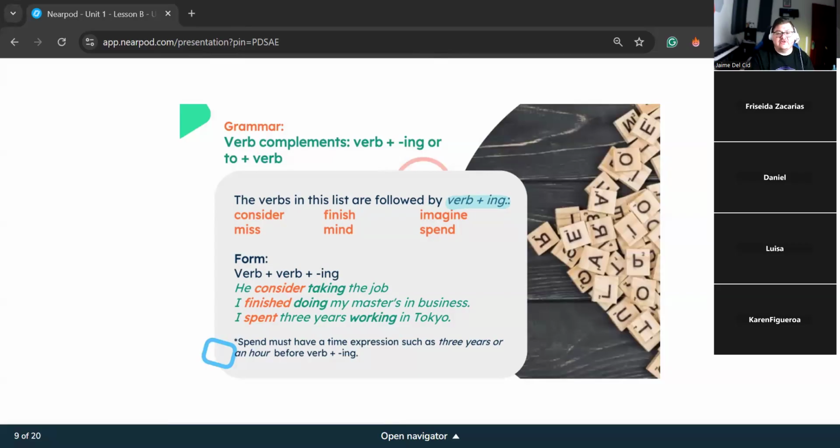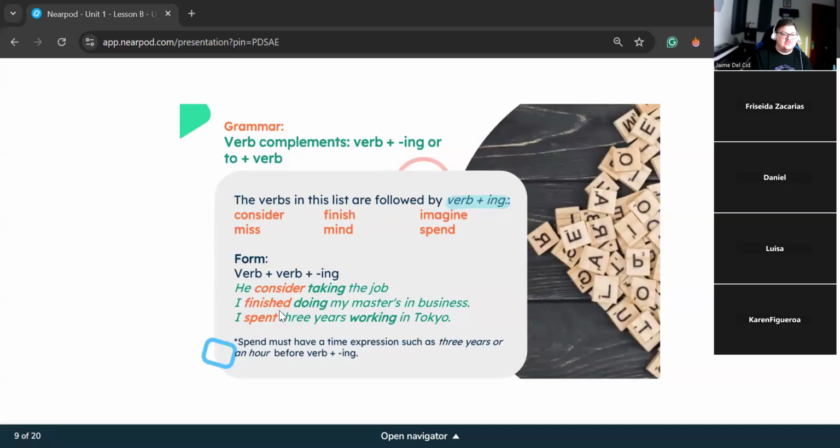So verbs consider, finish, miss, mind, imagine, spend. These are verbs that are going to my list as the verbs that are followed by ing. No se me confundan. Yo no estoy diciendo que estos verbos son los que tienen que llevar ing, sino estoy diciendo que si usamos estos verbos, el siguiente verbo va a ir con el ing. Okay, that's what I mean.